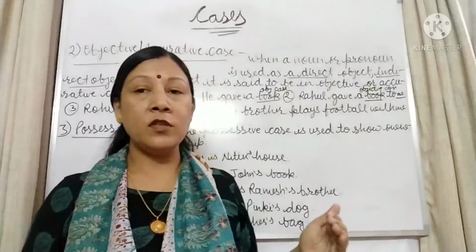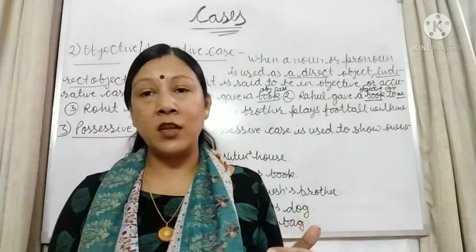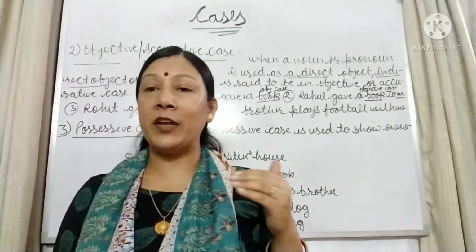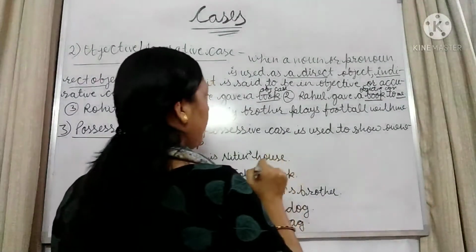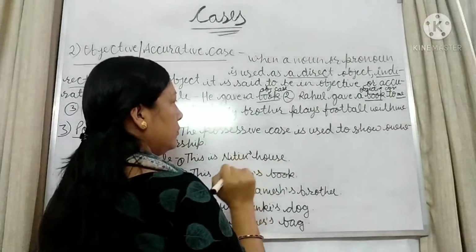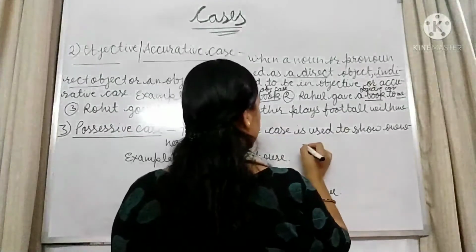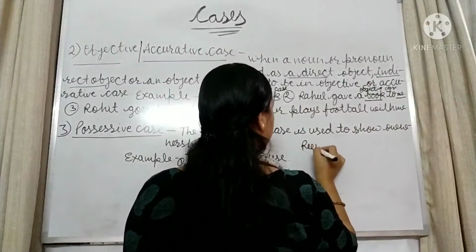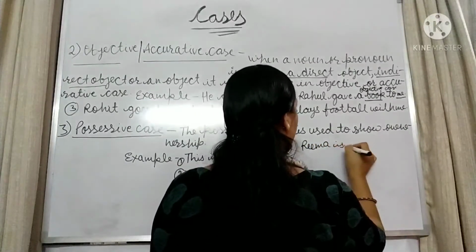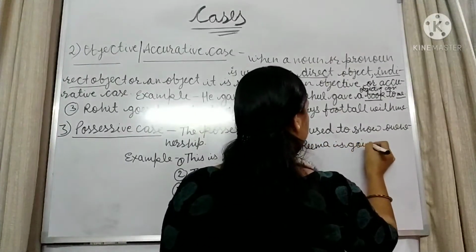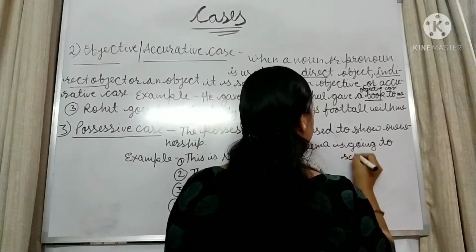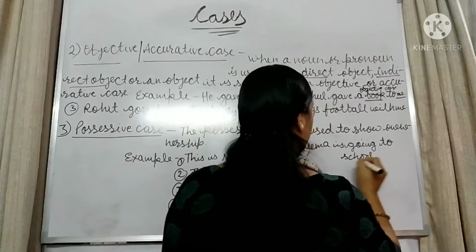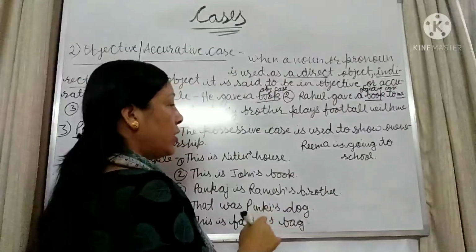So whenever you see that in a sentence the nouns are used as objects, they will be in an objective case. Let's take one more example here. Rima is going to school.